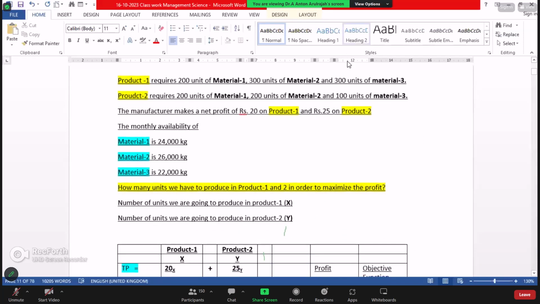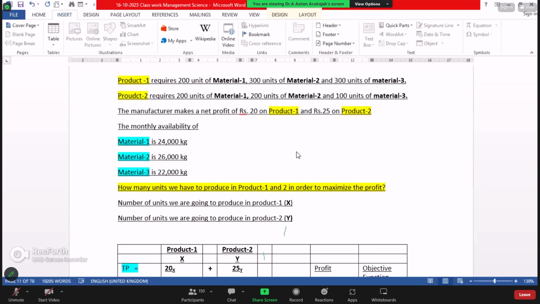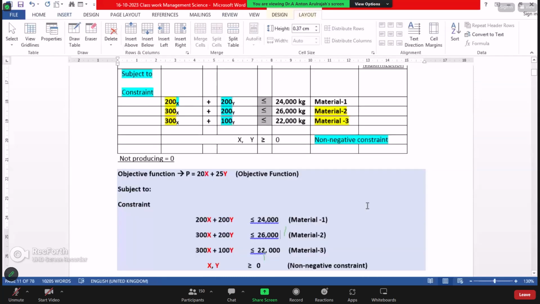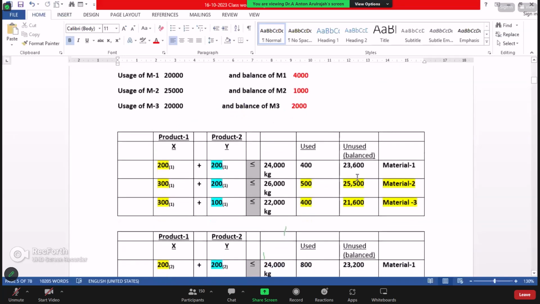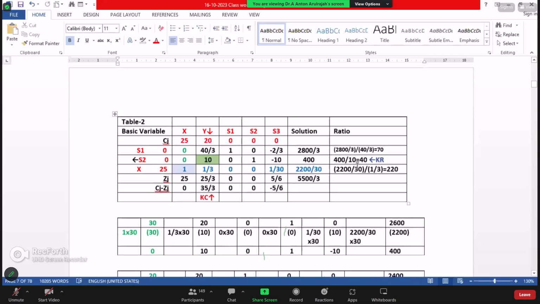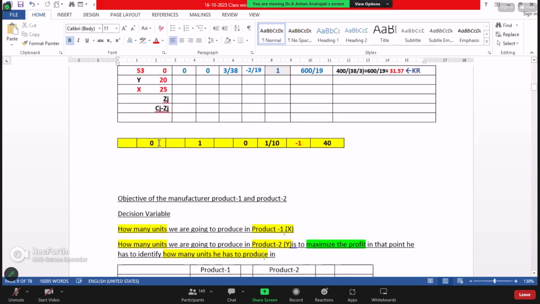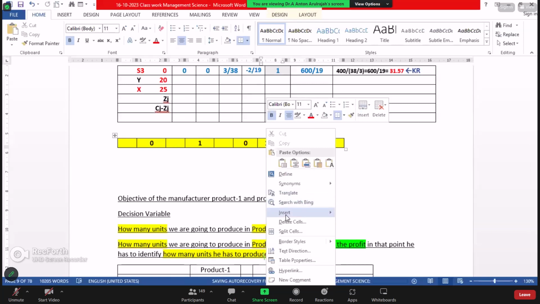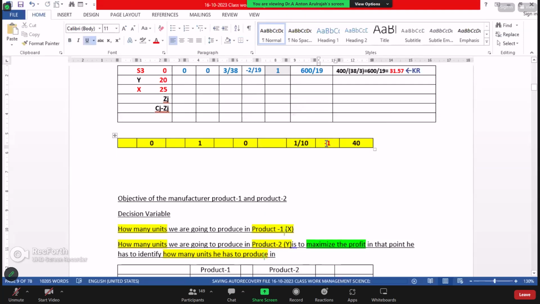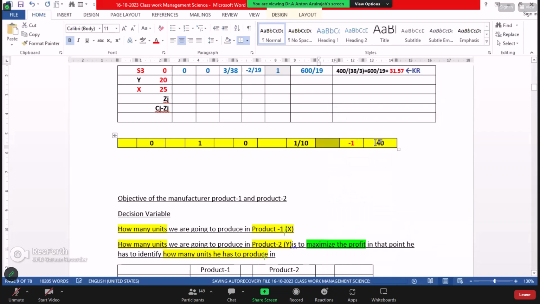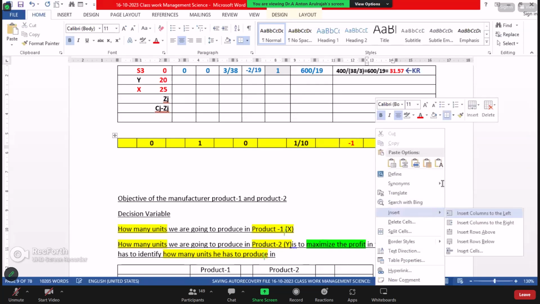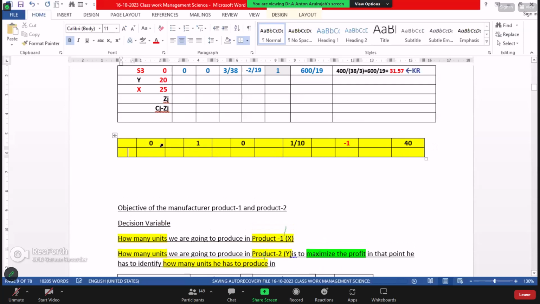If you finish it, you can tell the answers before I do that. Okay, so I have the left side things.